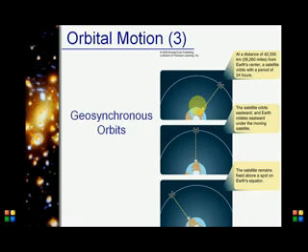There is an orbital radius at which the satellites rotate around the Earth in 24 hours, which is at a distance of 42,250 kilometers from Earth's center. A satellite orbits with a period of 24 hours.